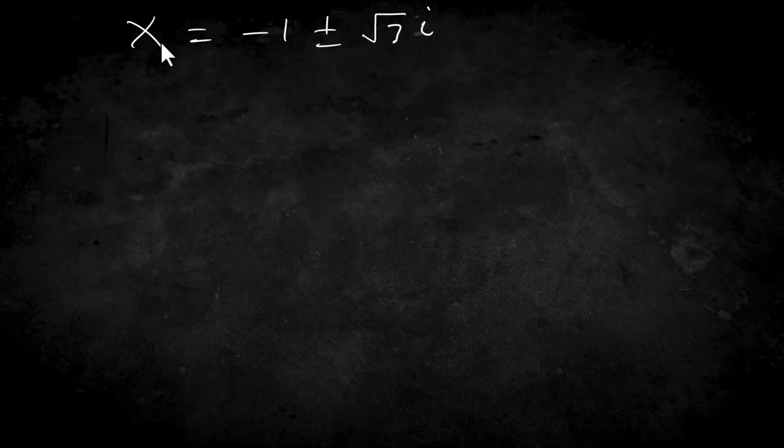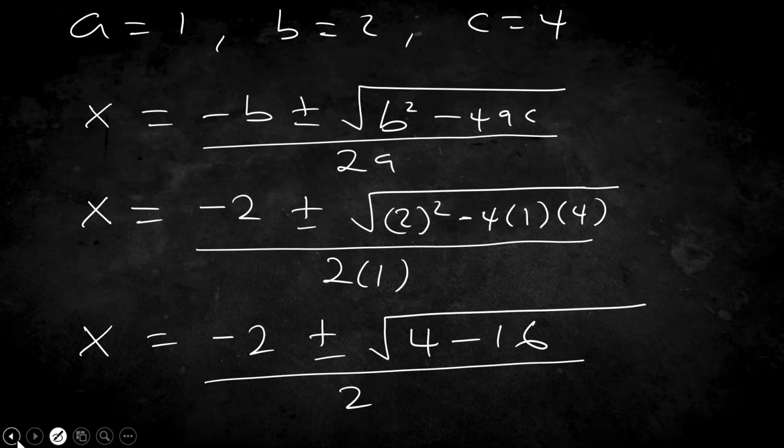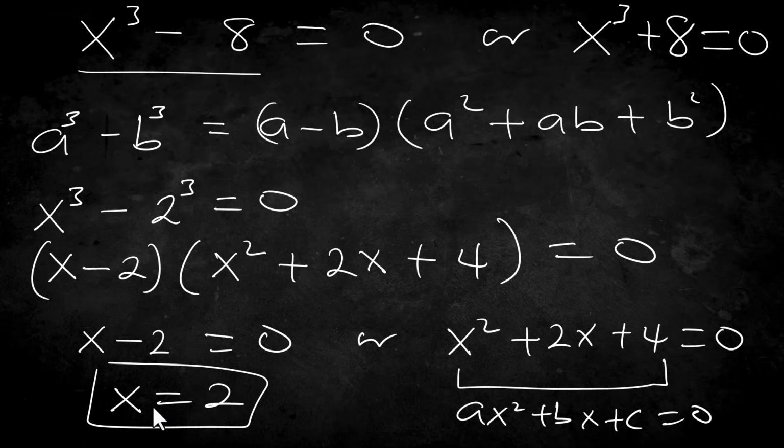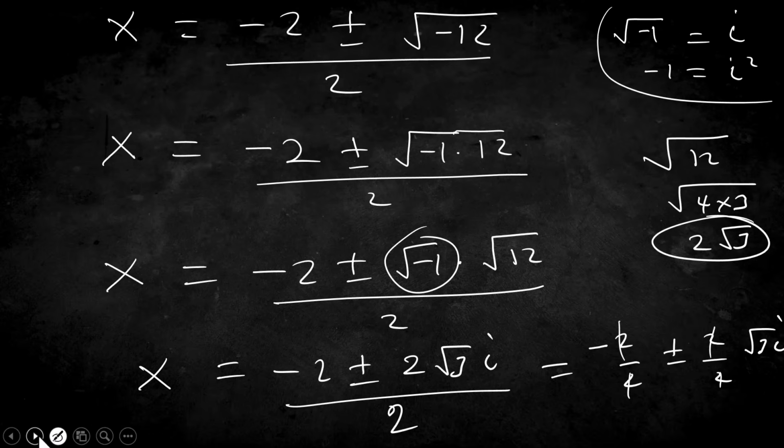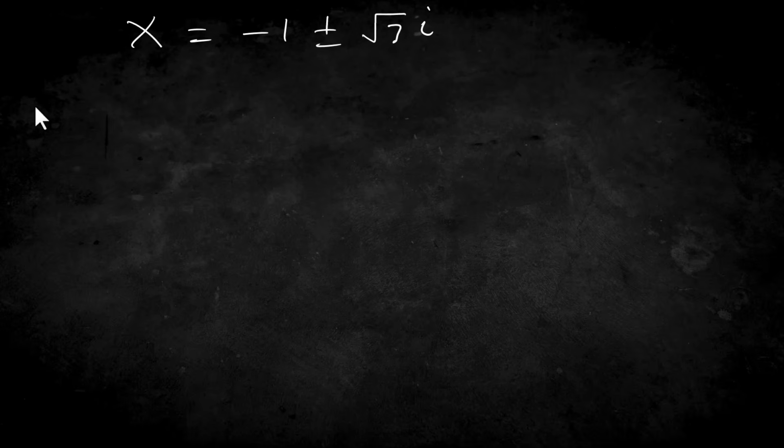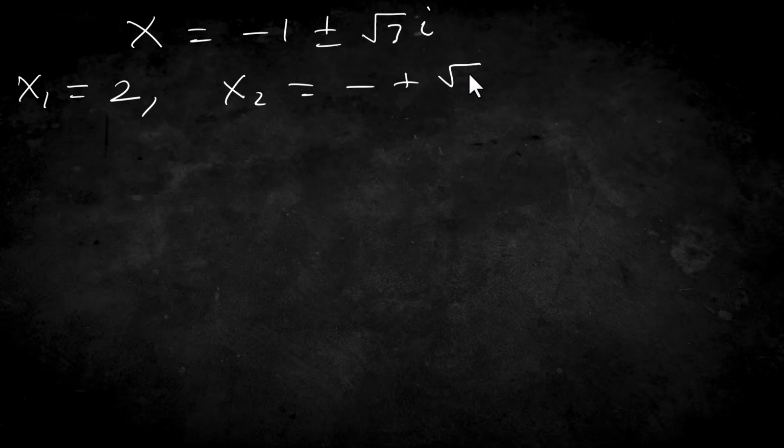So it means, now let's look at the x1. So x1 is 2. x2 is minus 1 plus root 3 i. x3 will be minus 1 minus root 3 i.